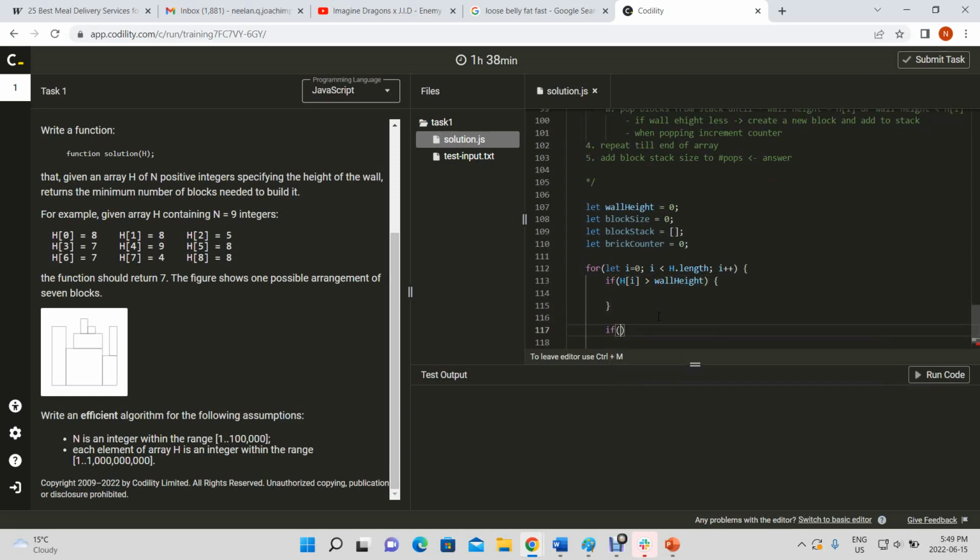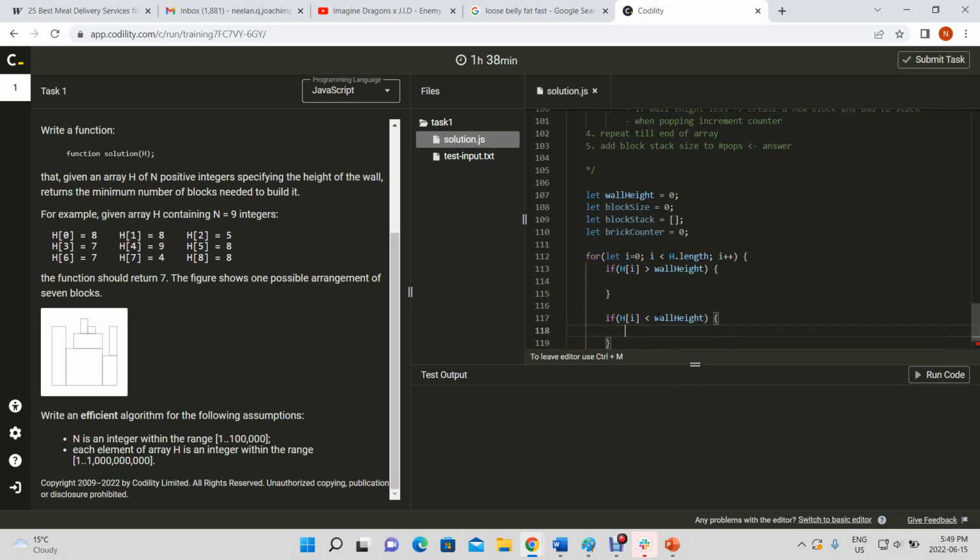And if h of I is less than wall height. Those are our two conditions, because we don't care when h of I is equal to wall height. The reason for this is because that's the same block, so we won't be incrementing anything.